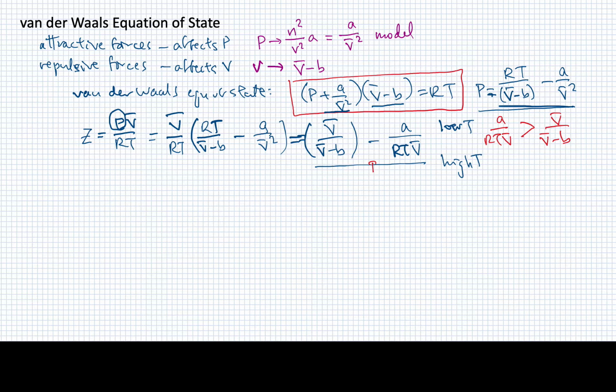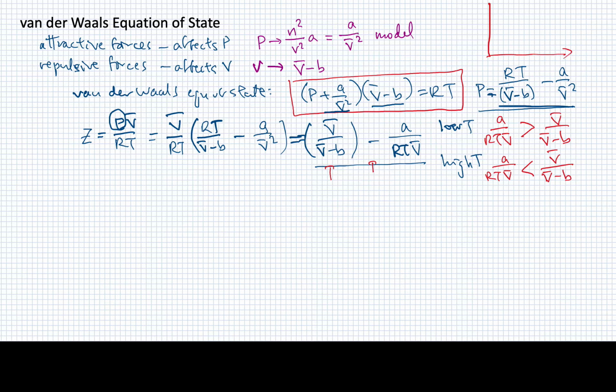The effect of the attractive forces is going to be less than the effect of the finite volume of the molecules. So in this case, this is the term that predominates and the overall effect is positive. This shows you that the van der Waals model does reproduce the observed behavior for the compressibility factor.